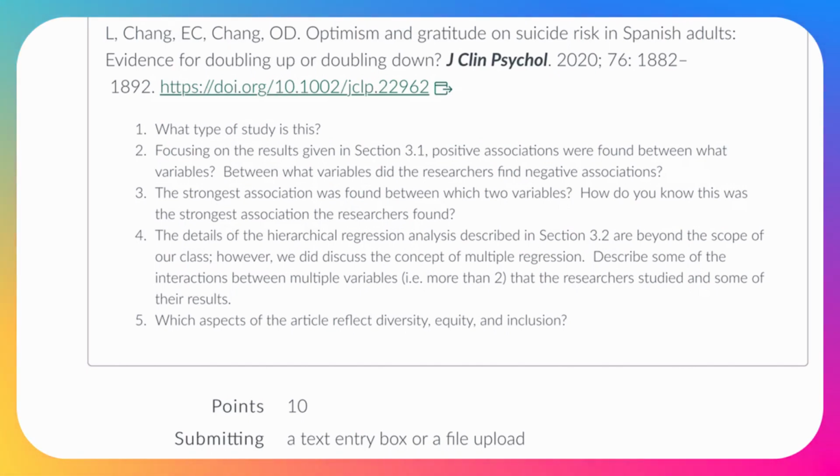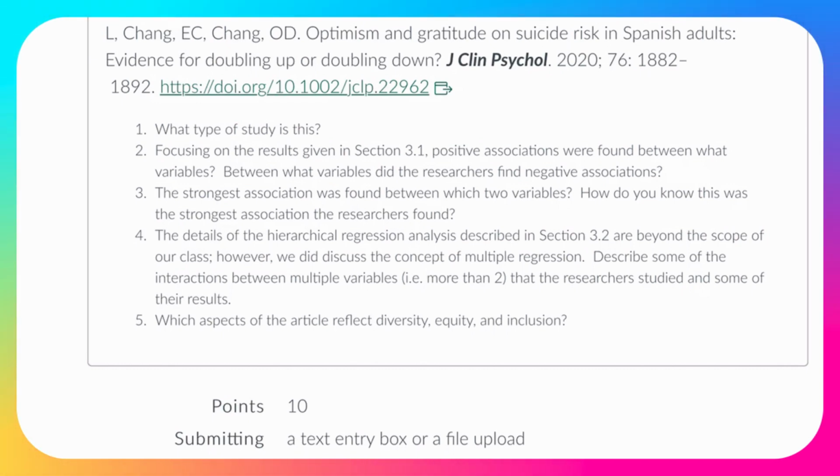Okay. Part 2, question 2, it says, focusing on the results given in section 3.1, positive associations were found between which variables, and between which variables do they find negative associations? So remember, you're going to be able to do that by looking at the values for R. Values for R that are positive reflect positive associations. Values for R which are negative reflect negative associations.